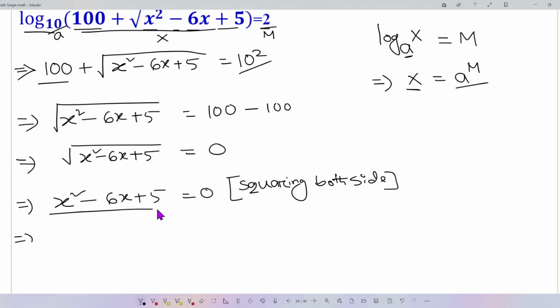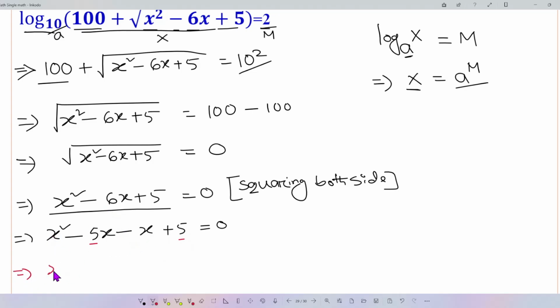Now it's a quadratic equation. We can solve this one by middle term factoring. So x square minus 5x minus x plus 5 equals 0. 5 times 1 is 5 and 5 plus 1 is 6.